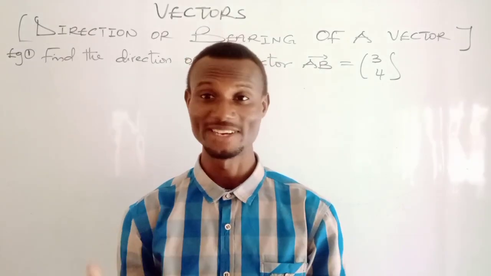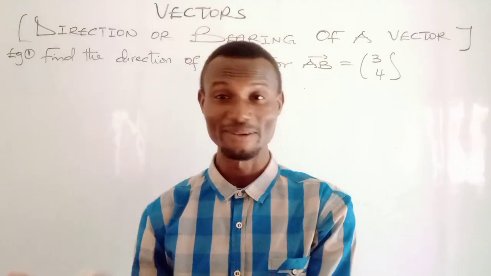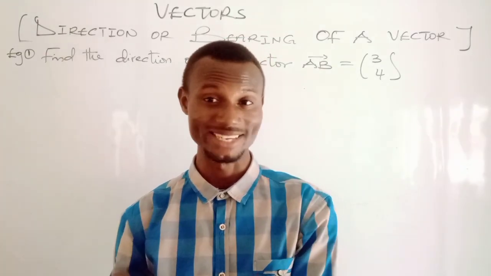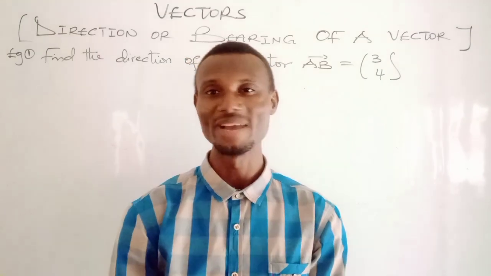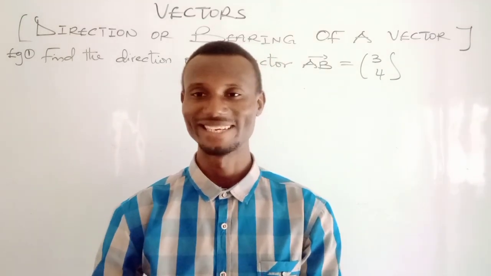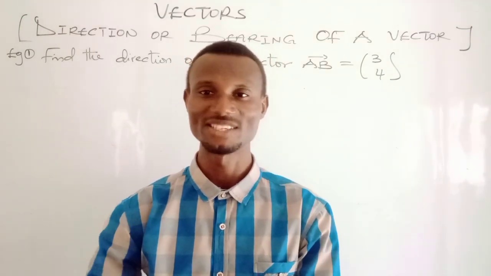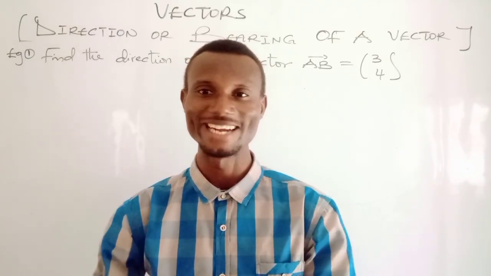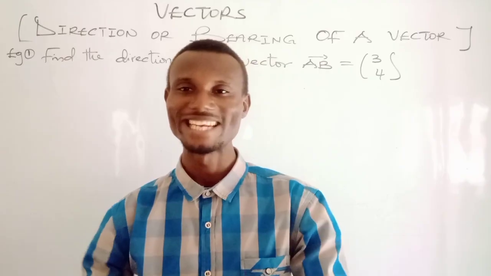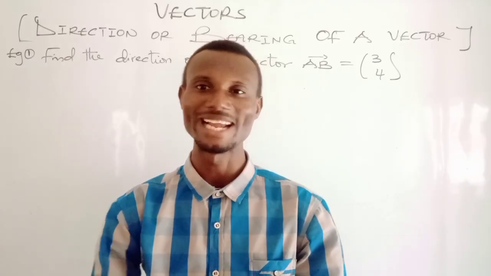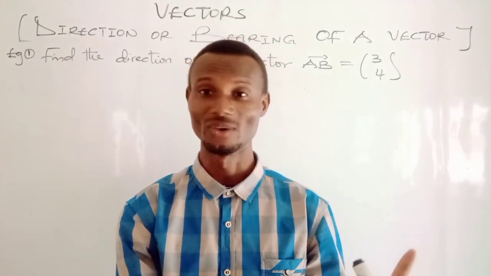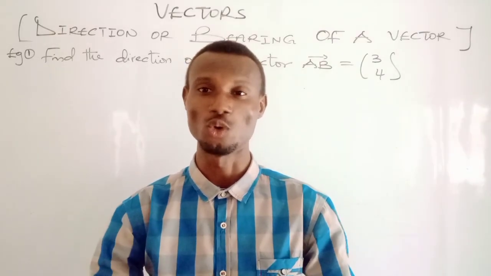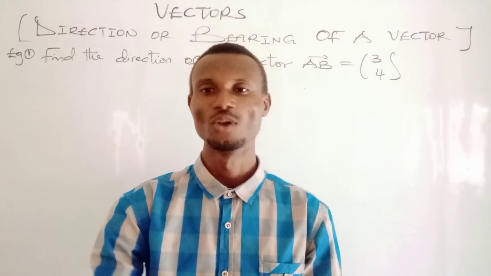Don't forget the definition: the direction of any given vector simply refers to the measure of the angle that the vector makes with a horizontal line. So we are going to use the knowledge of bearing to obtain that measure of angle.